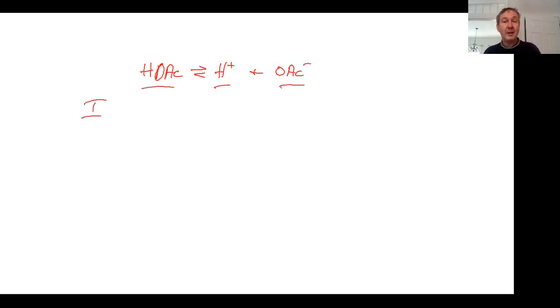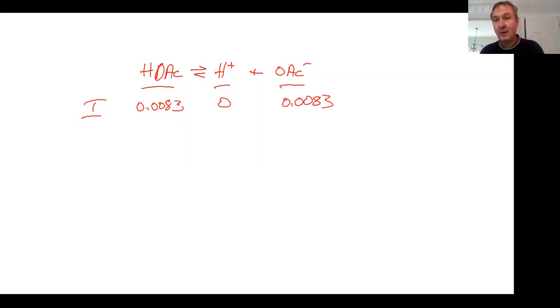But now, in the actual problem, they added both 0.05 molar acetic acid and 0.05 molar acetate. Oh, shoot, we have a new reality here. Now, the initial is 0.083 and 0.083 here, and that's 0.